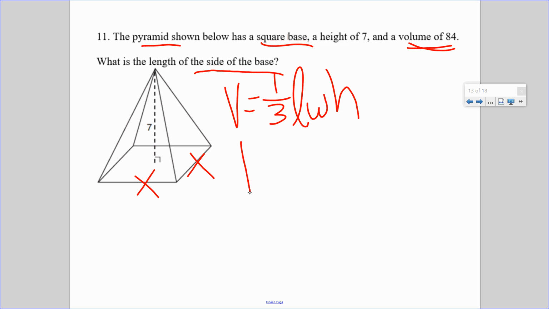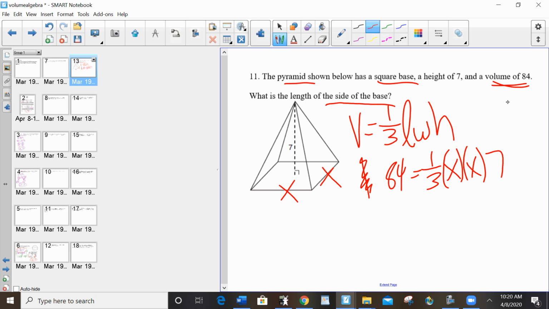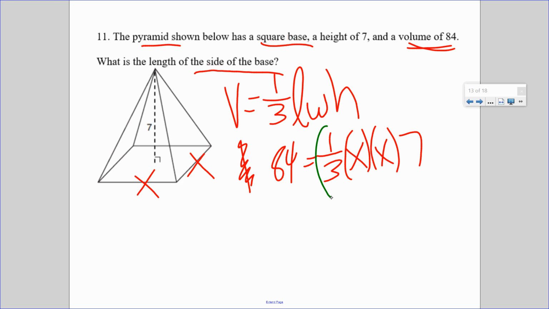So my volume is 84. My length is x. My width is x. My height is 7. From here, I do algebra. Just like the last example, to get rid of that fraction, I'm going to multiply by the least common denominator. I'm going to multiply both sides by 3.